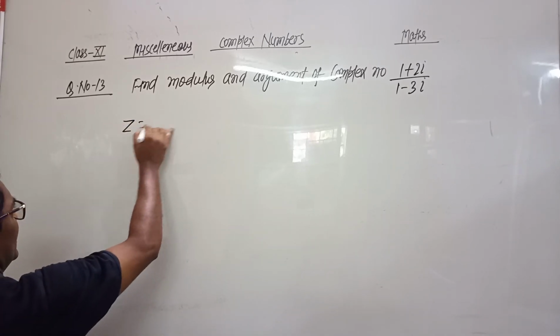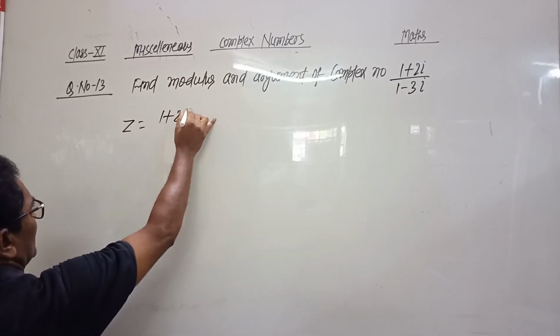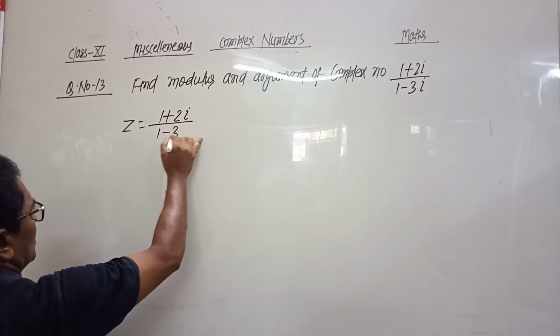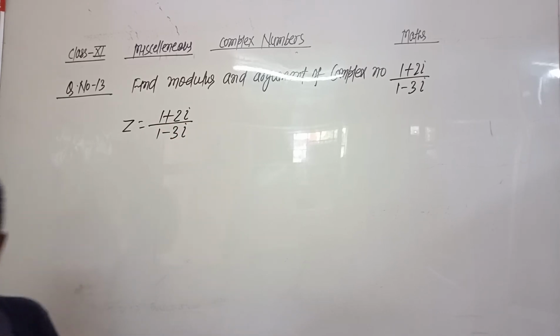So we have given z equals 1 plus 2 iota upon 1 minus 3 iota.